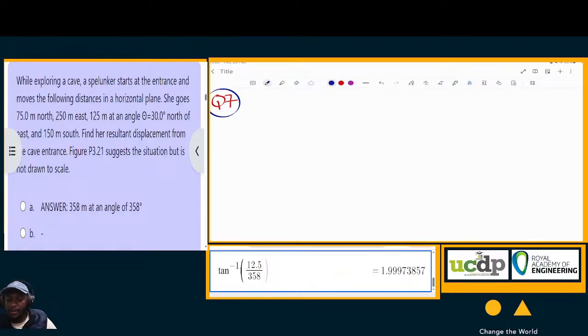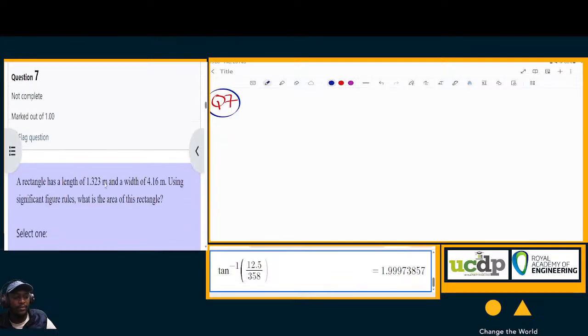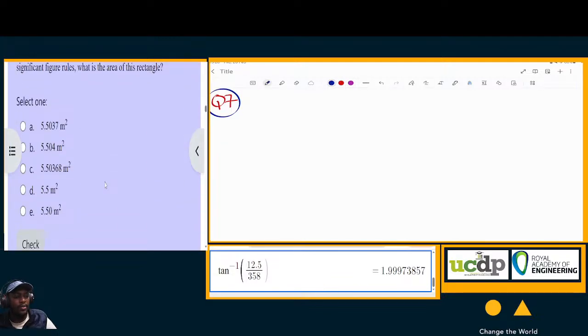Right, so let's see the next question. So question 7 reads, a rectangle has a length of 1.323 meters and a width of 4.16 meters.